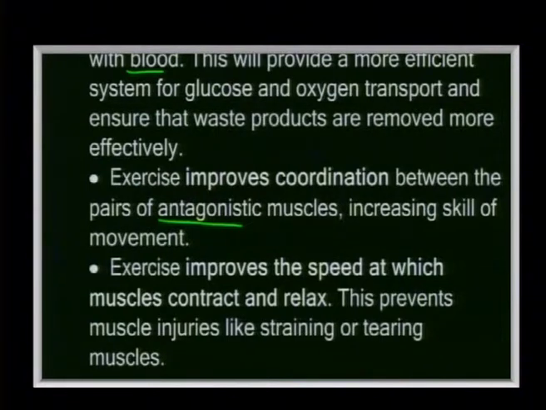And also it improves the speed at which muscles contract and relax. What comes to mind there would be any kind of exercise that you do. When you do it the first time, maybe your muscles aren't limber enough, or you're moving too slowly, and when you master that movement, you're able to do it quickly, efficiently, and your muscles work well together.